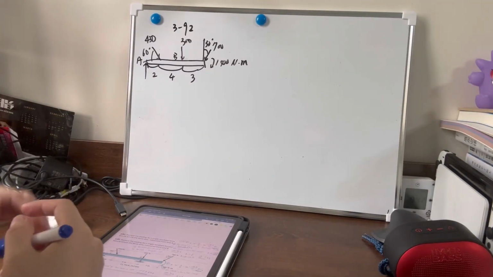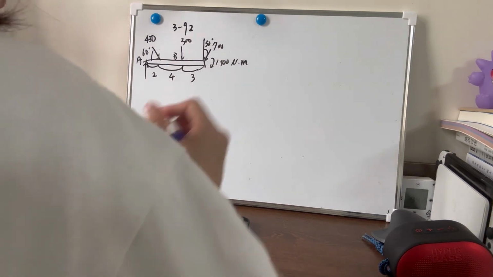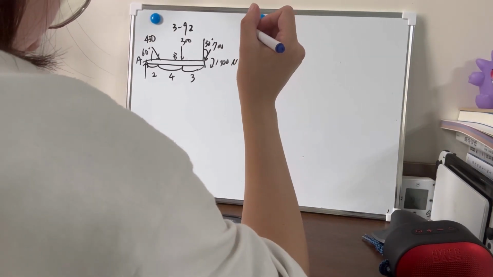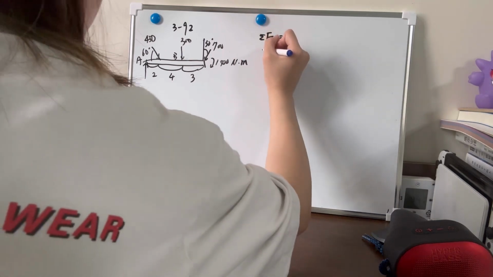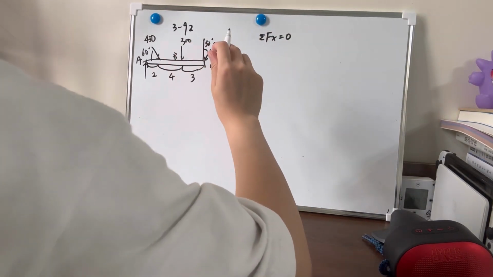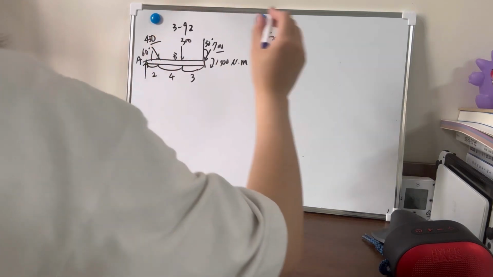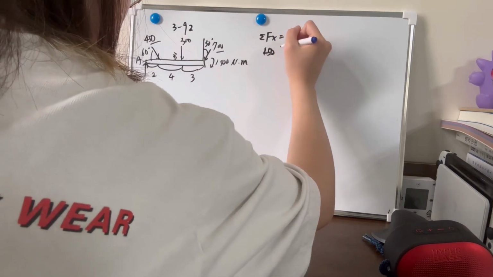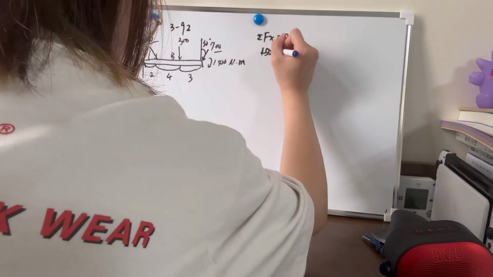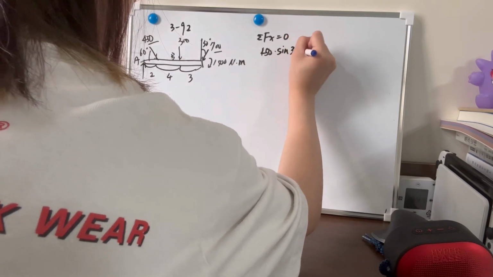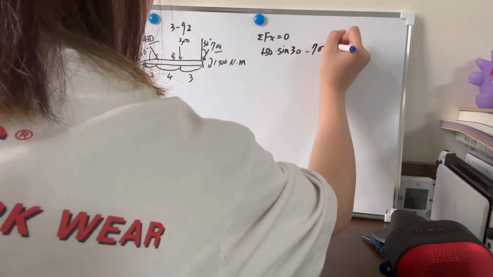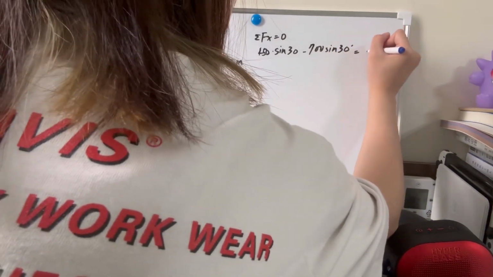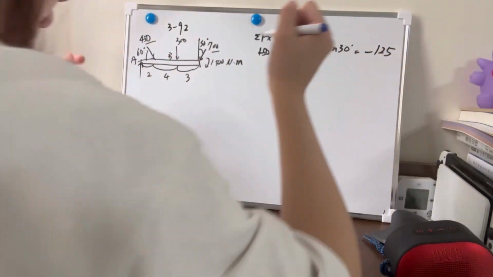And now these questions we know is equilibrium. So the summation Fx equals 0, and all the force on the Fx is this and this. So we have to calculate in the x-axis sine 30 and minus 700 and sine 7. It would be like minus 125.